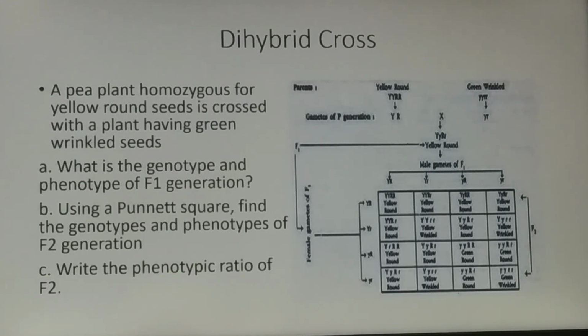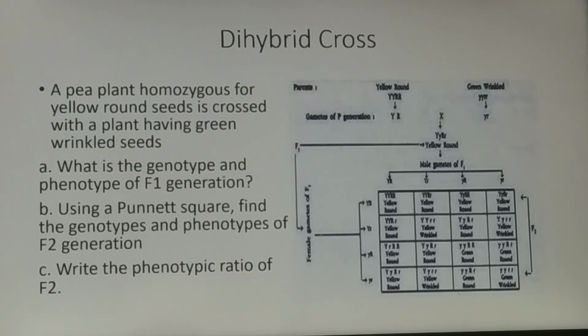Okay, so with that, we find the answer for part B of that problem. After writing the genotypes and phenotypes in the Punnett square, you have found the answer for part B. Now, coming to part C, write the phenotypic ratio of the F2 generation. We don't have to study the genotypic ratio of the F2 generation in a dihybrid cross.